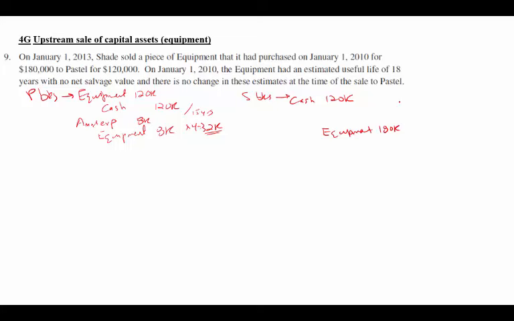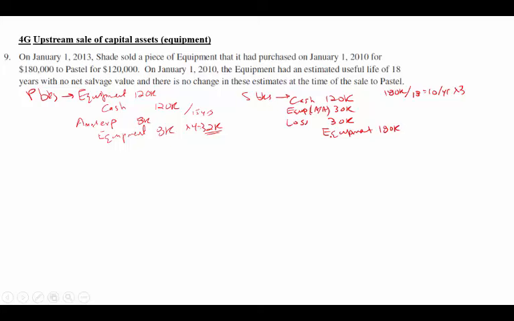And that accumulated amortization was based on the $180,000 purchase price divided by 18 years, so $10,000 per year, and they had the equipment for all of 2010, 11, and 12, and sold at the beginning of 2013. So 3 years at $10,000. We have our equipment, which would be accumulated amortization, likely on our books here, for $30,000. That leaves us with a loss on the sale of $30,000.